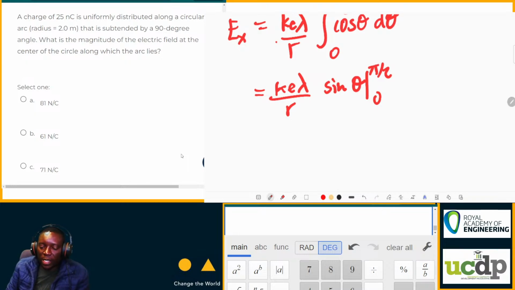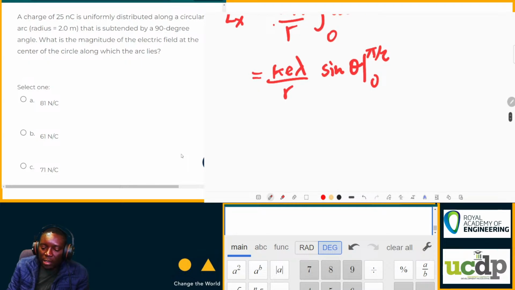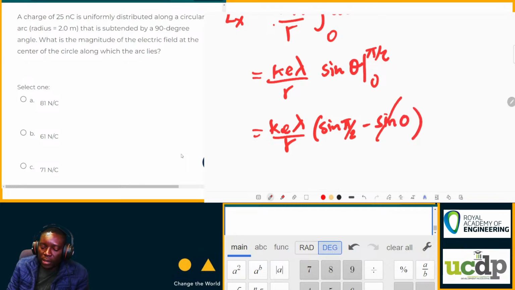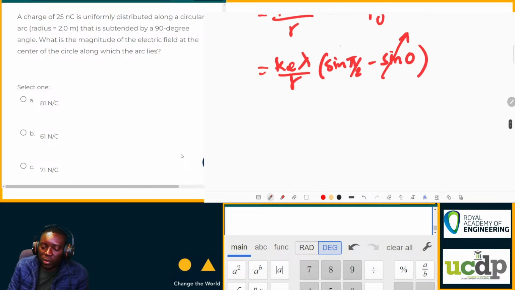Cos theta comes from the derivative of sine theta, so we're just reversing that. And sine pi over 2 is 1, sine 0 is 0. So this is Ke lambda over r times sine pi over 2 minus sine 0. Sine 0 is nothing. Sine pi over 2 is 1. So that's 1 minus 0, which is Ke lambda over r.